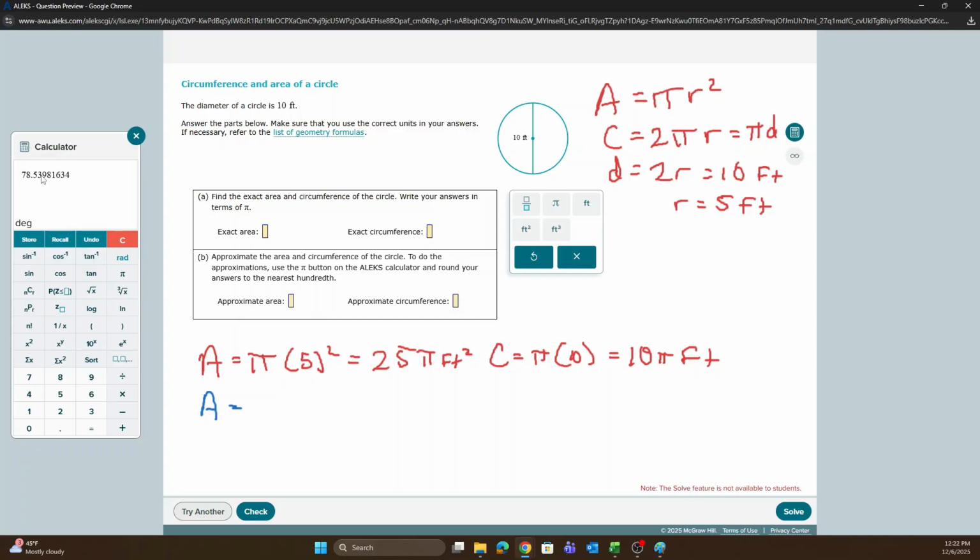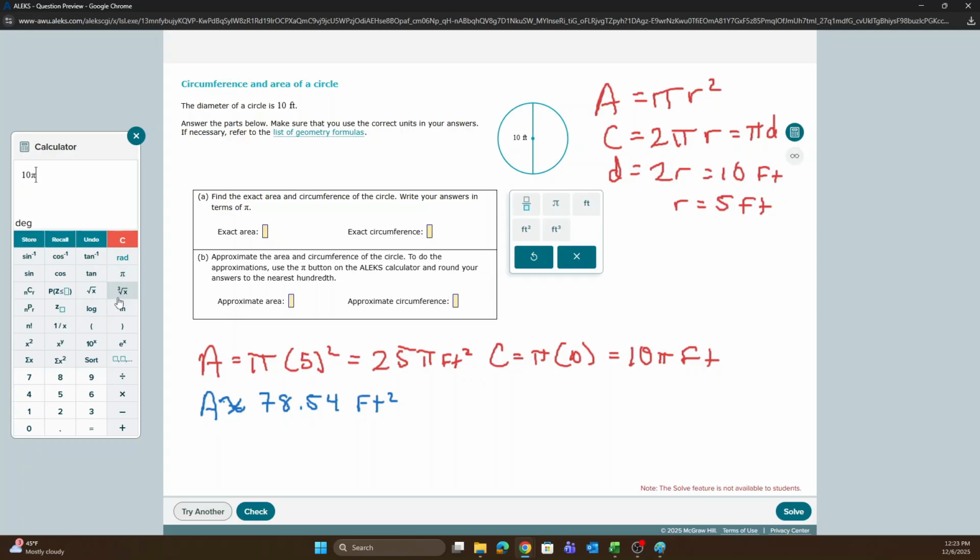Because we're rounding to the nearest hundredth, we're going to round that 3 up to a 4. So our approximated value is going to be 78.54 feet squared.